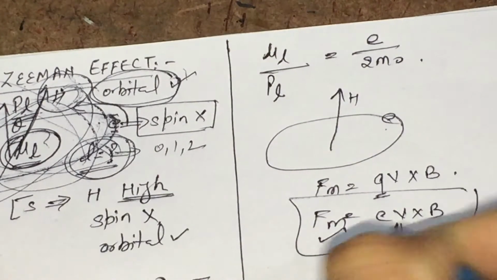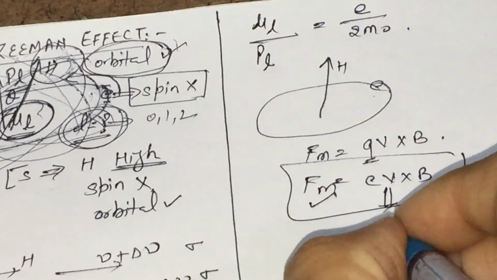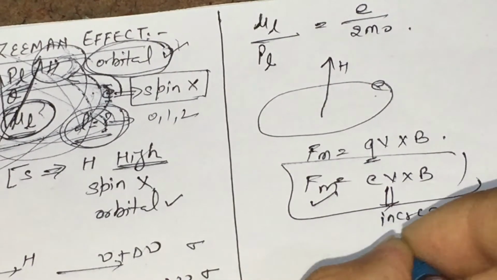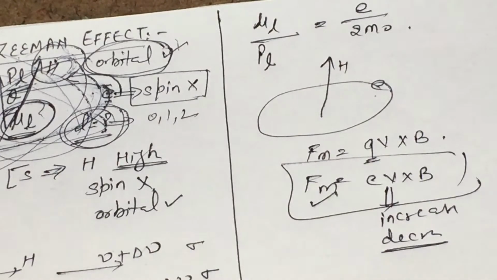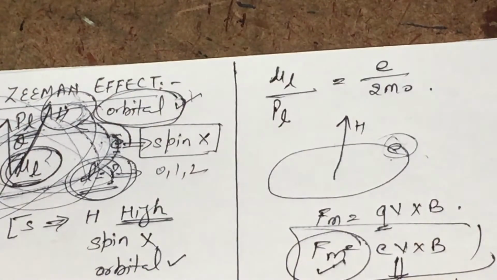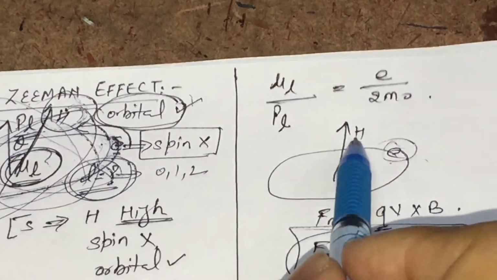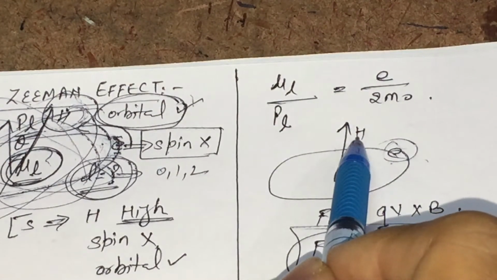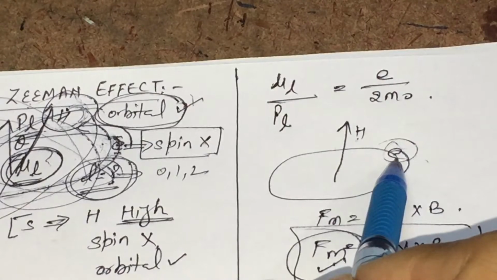It means the velocity can increase as well as decrease. It depends in which direction the force is applied on this electron by the applied magnetic field.